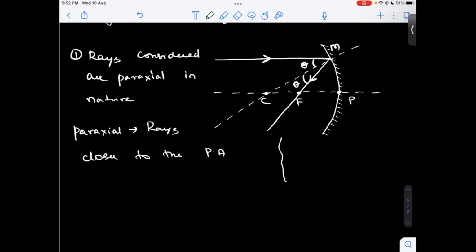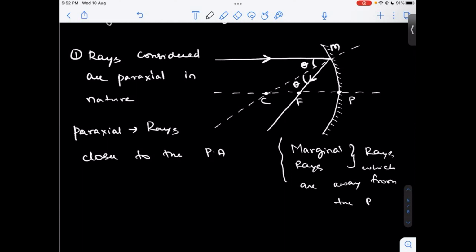Just to understand, the counterpart of paraxial rays are called marginal rays. So marginal rays are the rays which are away from the principal axis.